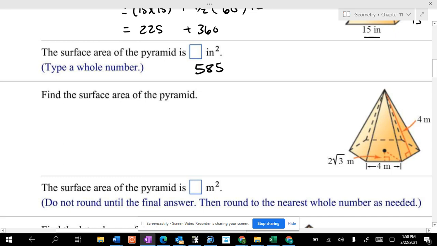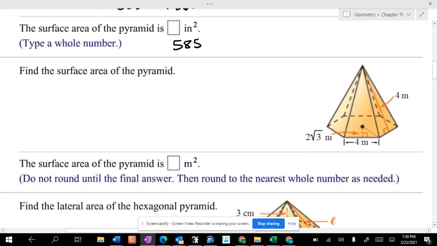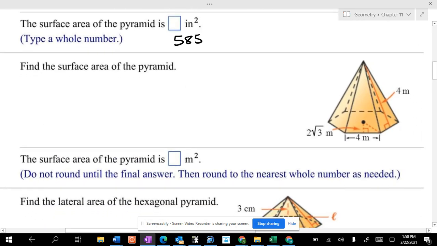All right, here's one of those that's maybe just a little bit more difficult for some people because it is a hexagon. Okay? So the surface area of a hexagon pyramid is the area of the base plus 1/2 perimeter of the base times the slant height.